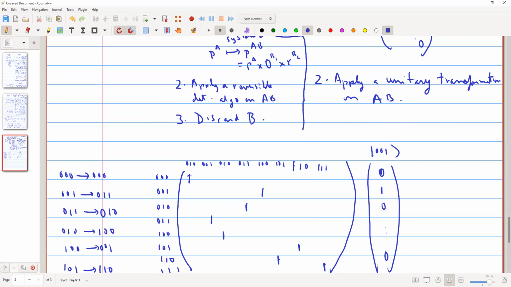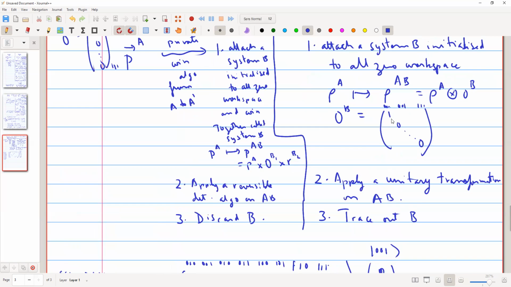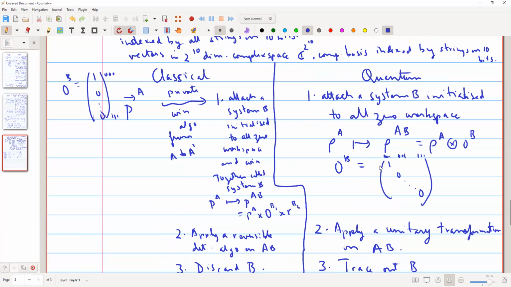Okay, and now I finish the picture, which is the third one. The third one is discard B, which means trace out B. So this is what I mean by the most general transformation that I can do on a quantum system, on a density matrix. This is the perfect quantum analog of the classical thing.